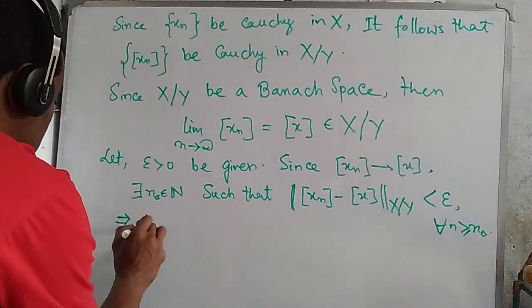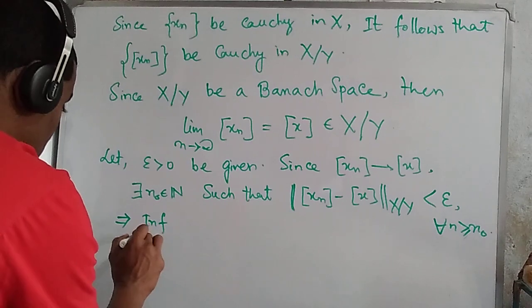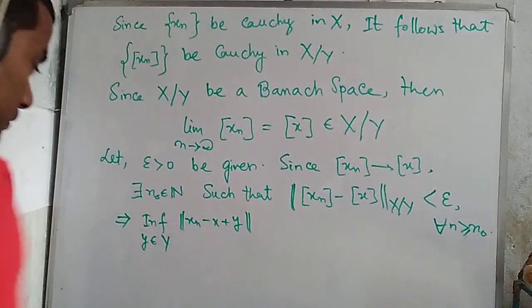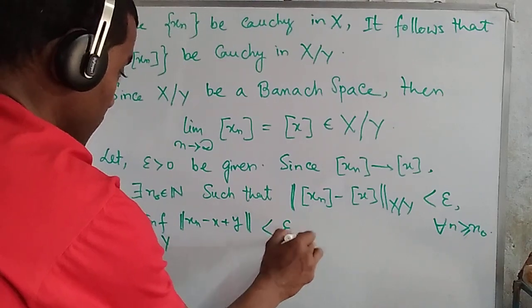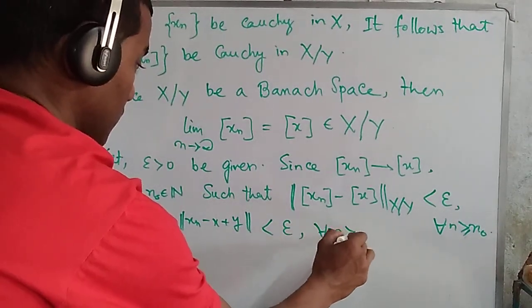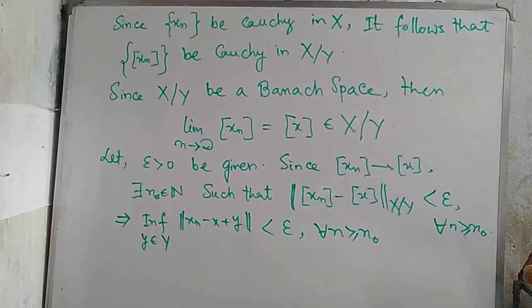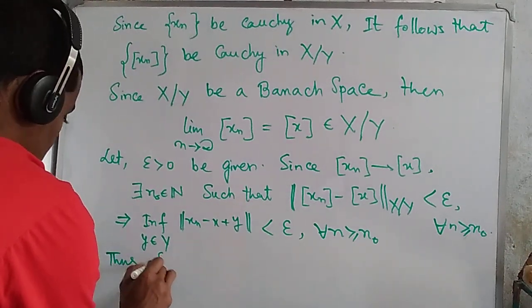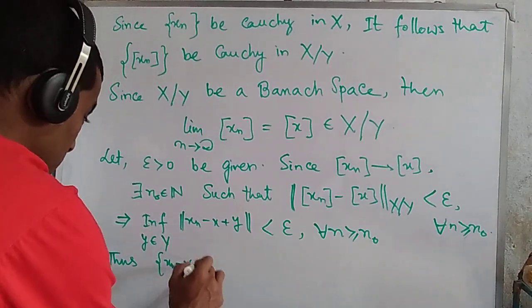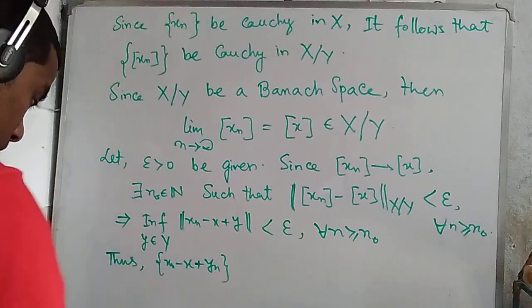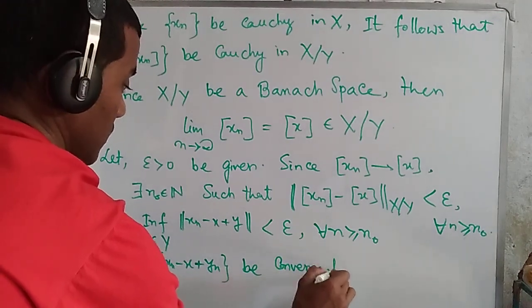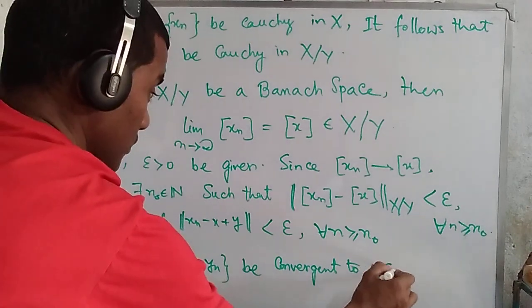This implies that the infimum over y belonging to Y of the norm of x_n minus x plus y is less than epsilon for all n greater than or equal to n_0. Thus x_n minus x plus y_n converges to 0 in X.